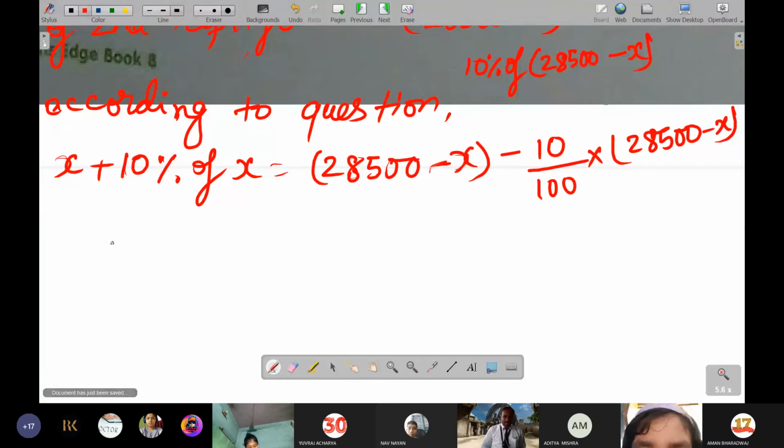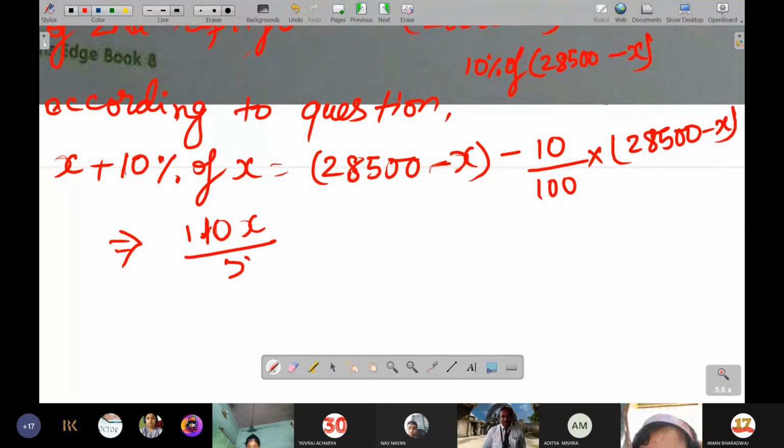So what will happen? It will become 110x by 100, yes, 100 it will become, is equal to 28,500 minus x, and this got cancelled, so it will become minus, okay, better to increase one more zero directly, 10 over here and 10x over here.